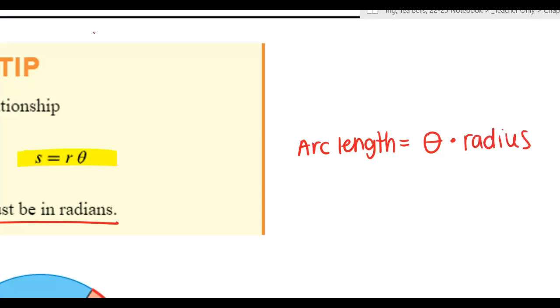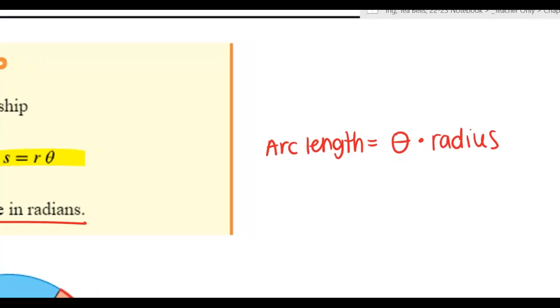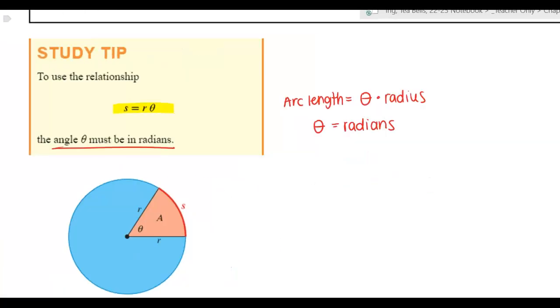Radius is always going to stand for r. And remember your angle is in radians. Your arc length is basically just the part of the circumference that the angle is creating.